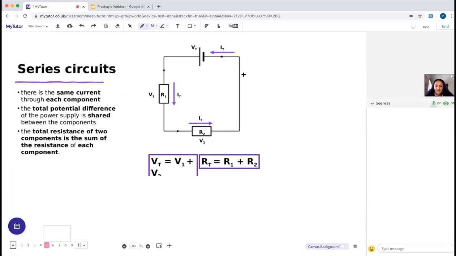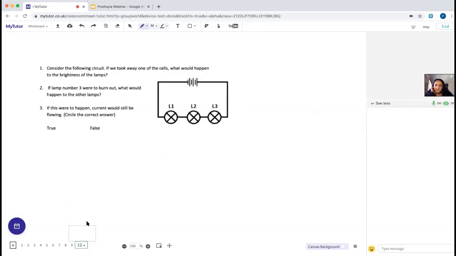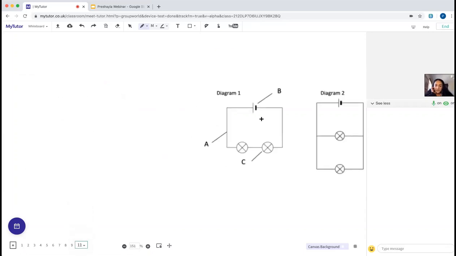And in series circuits, we have the same current going through all the components, but voltage is added. Okay, so go back to the question. I want to know what would happen to the brightness of the bulbs if we add in another bulb.